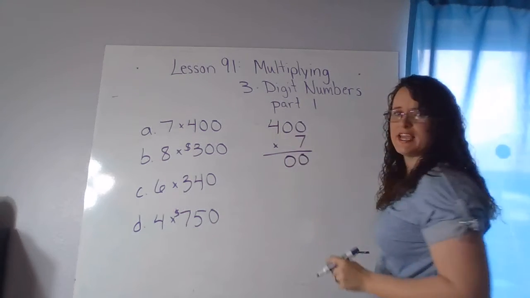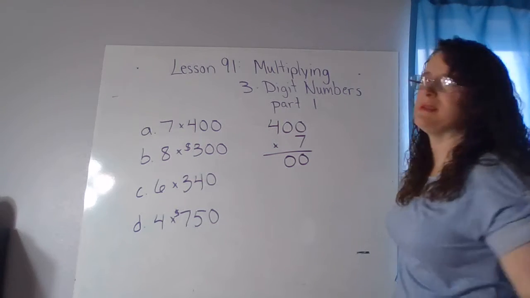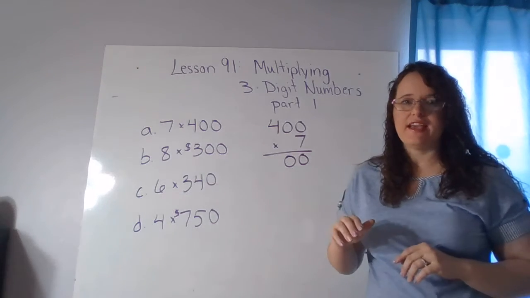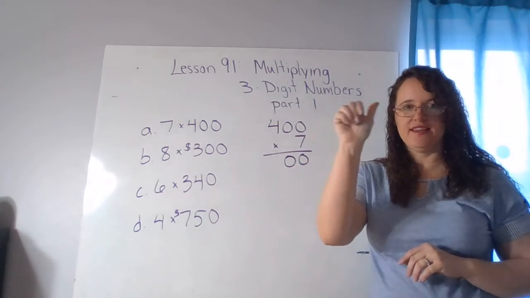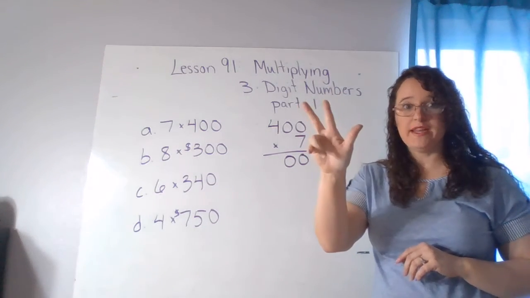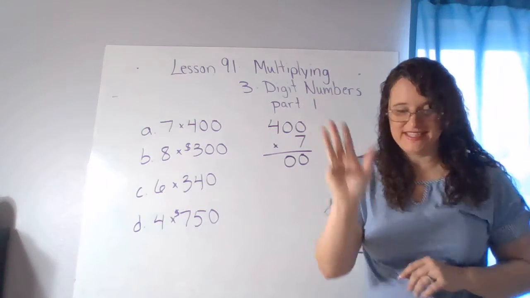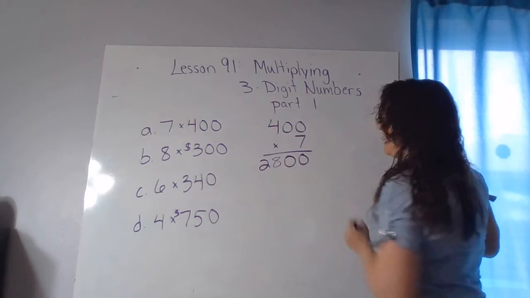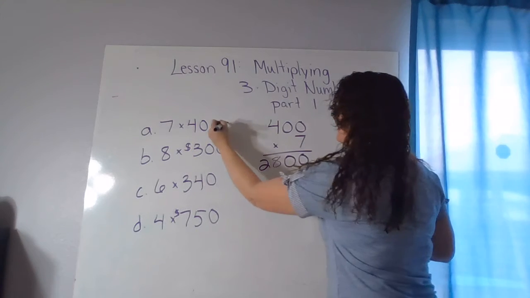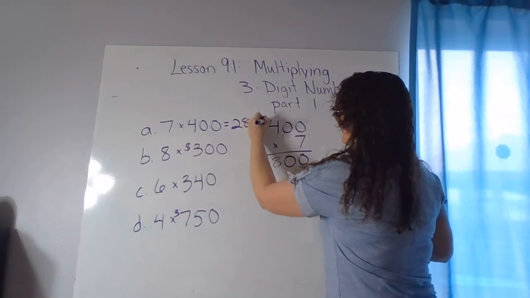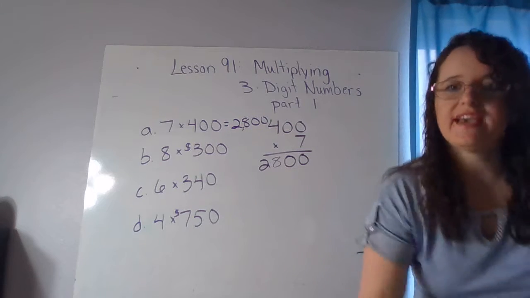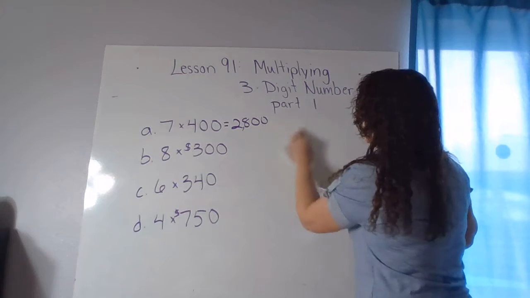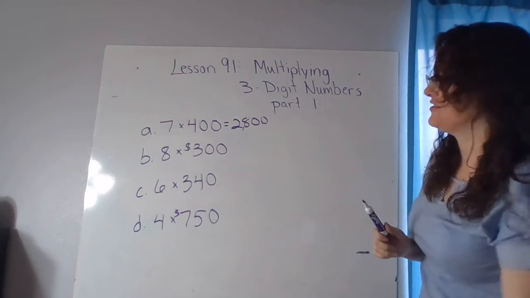And then 4 times 7, oh, maybe I haven't quite memorized my 4s or my 7s yet. Let's try counting by 7. 7, 14, 21, 28. So yes, 4 times 7 is 28. So my answer here is 2,800, and I'm going to get rid of the work here so it's not so crowded. 2,800 for the first one.